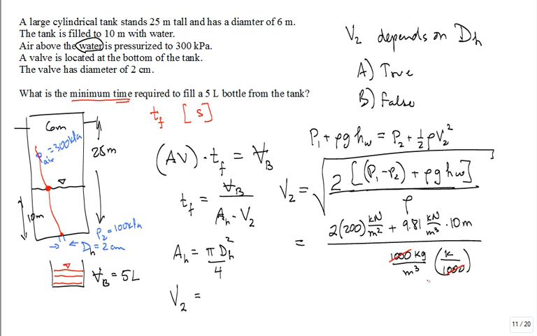I know I'm going to end up making it look messy, but that kilo will get rid of this kilo. Okay. And a Newton is a kilogram meter per second squared. So I'm going to get rid of those. I should have put the parenthesis there, right? Okay.